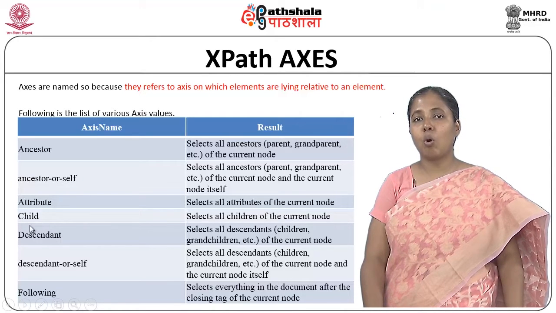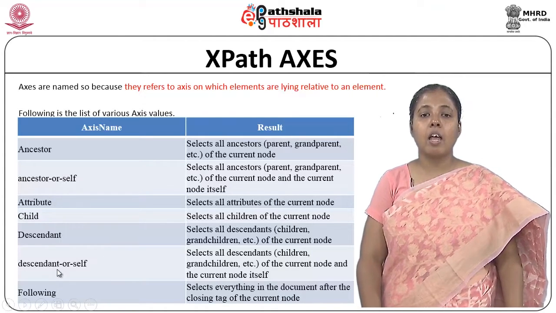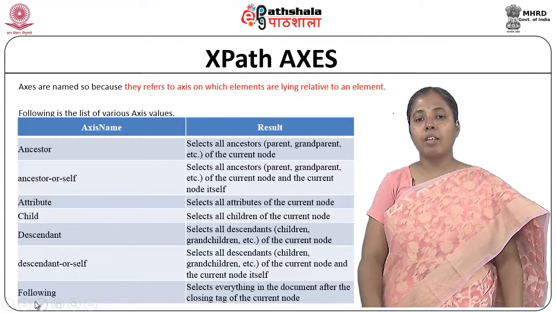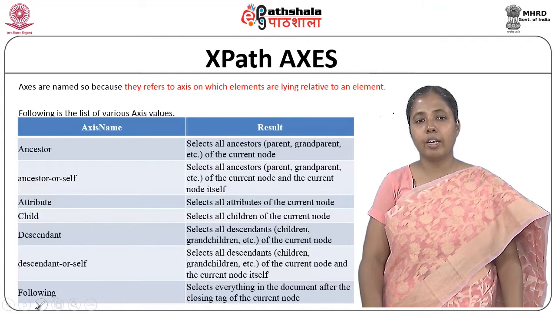Child selects all children of the current node. Descendant selects all descendants of the current node, meaning the children or grandchildren. Descendant-or-self selects all descendants of the current node and the current node itself, and following selects everything in the document after the closing tag of the current node.